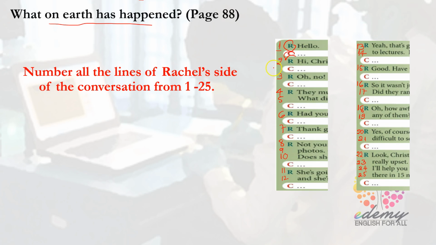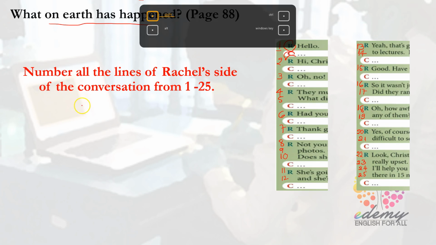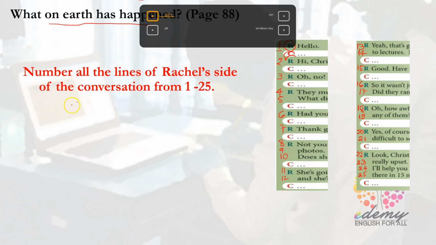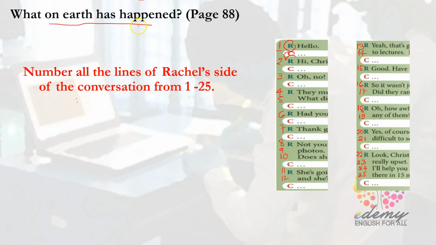What I want you to do now is number all the lines of Rachel's side of the conversation from 1 to 25, like 1, 2, 3 until number 25. After all of you have numbered the lines of Rachel's conversation, let's do the exercise.